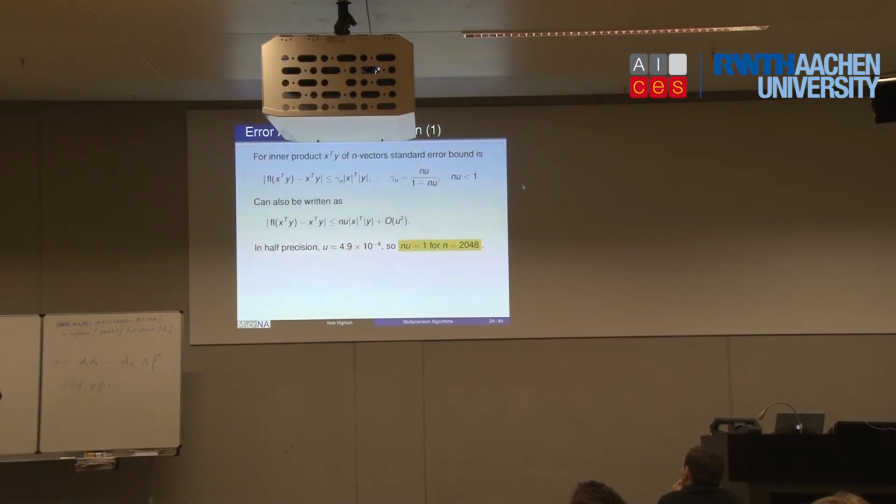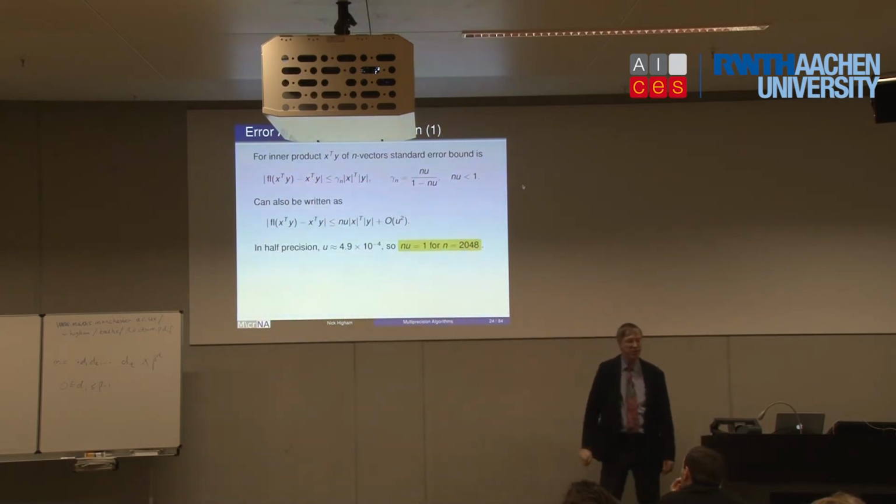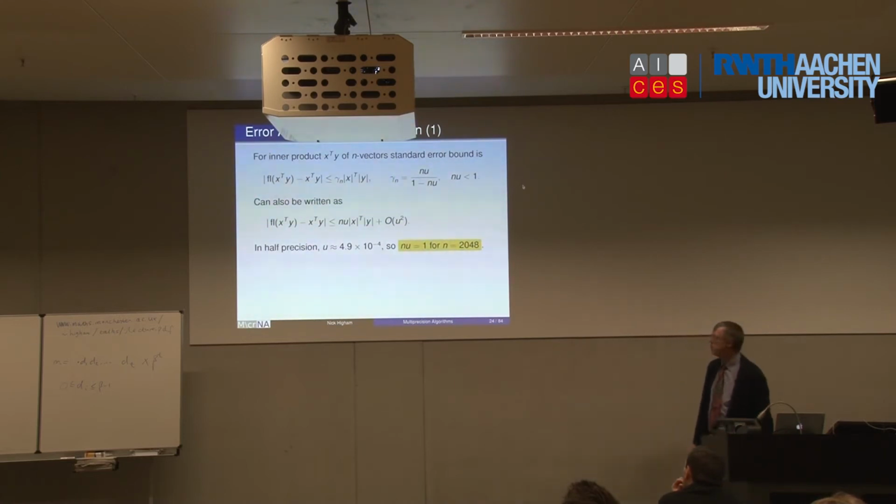The constant is gamma n, which is basically n times u. So we can really look at the second order term. In half precision, nu is 1 for n about 2000. So once you have vectors of length 2000 in half precision, we can't guarantee even one correct digit in the inner product.